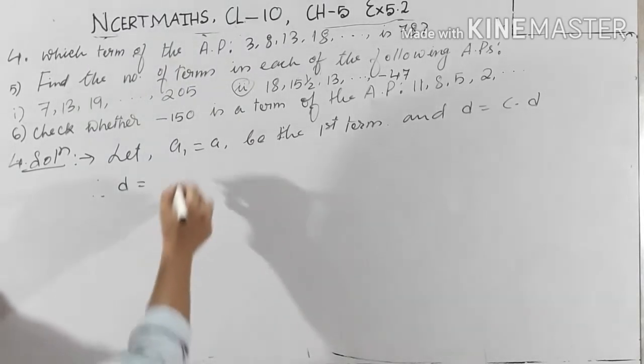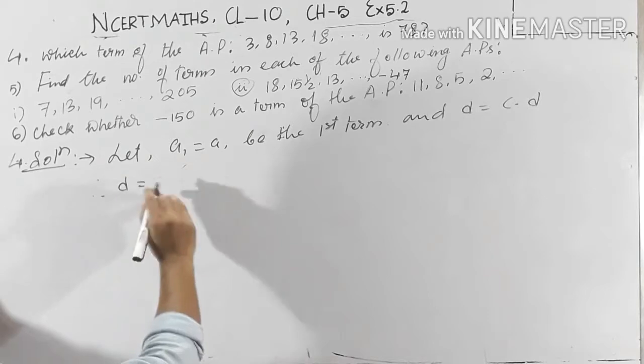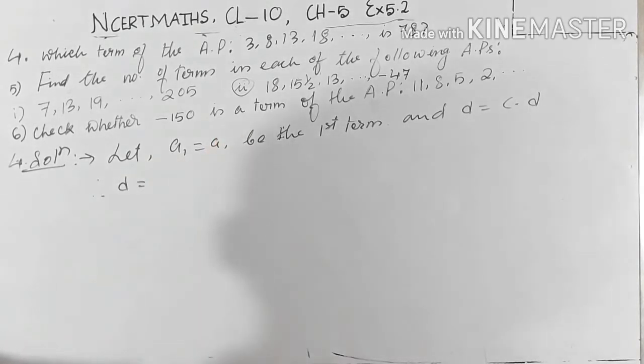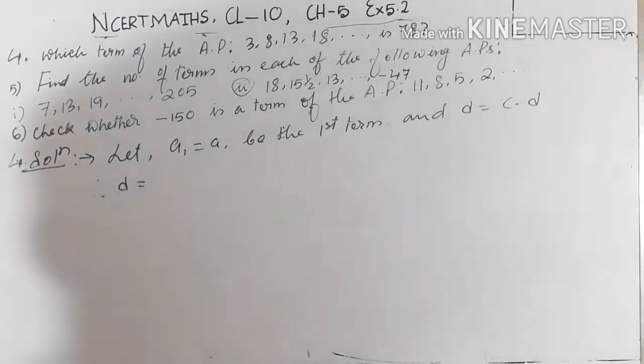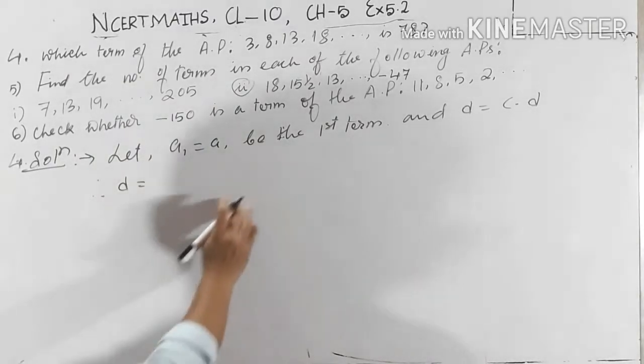and also we have to find the n term, right? And then what is 78? Okay, what is that 78? There is the n term.